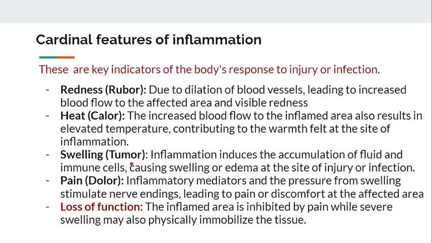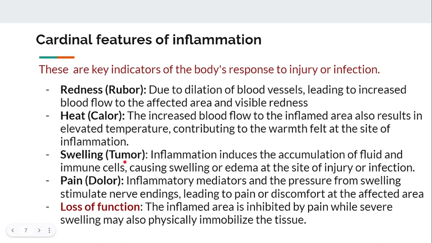So what will happen is that the endothelial wall of the blood vessels, it needs to constrict, it needs to reduce in size, so as to allow those cells to move through the endothelial wall into the interstitium space.